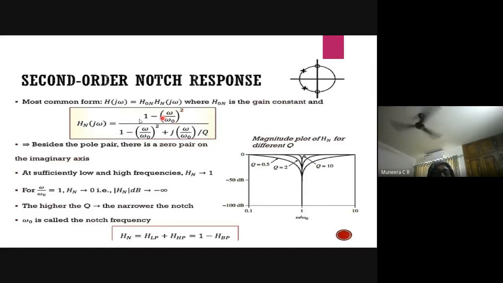The denominator polynomial remains the same. At sufficiently low and high frequencies Hn is equal to 1. That means it will pass all frequencies outside this range but reject the frequencies between omega L and omega H. So the higher the Q, the narrower the notch.